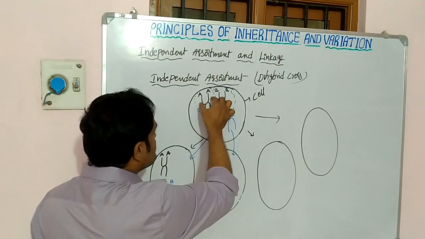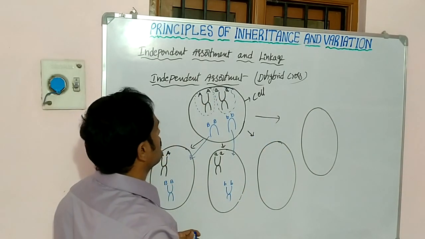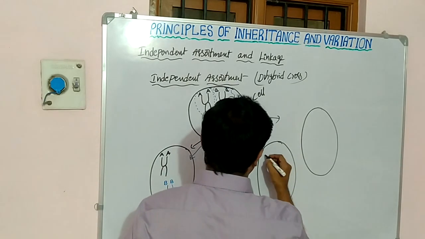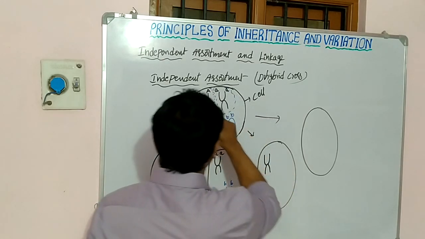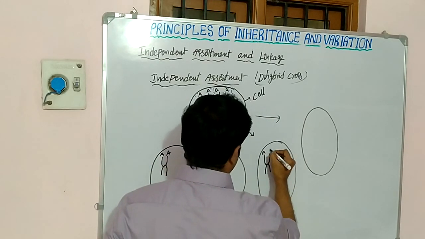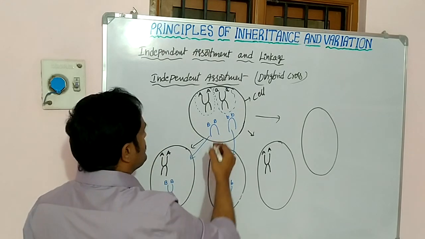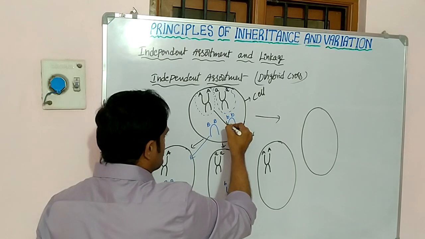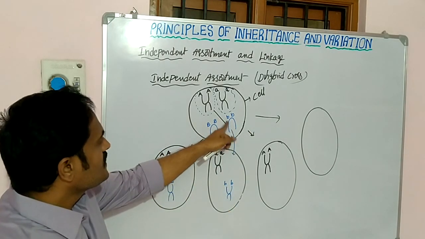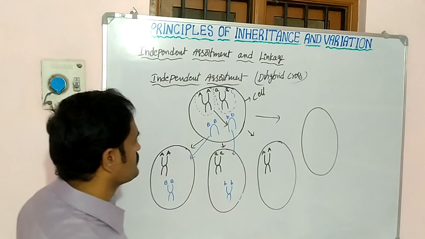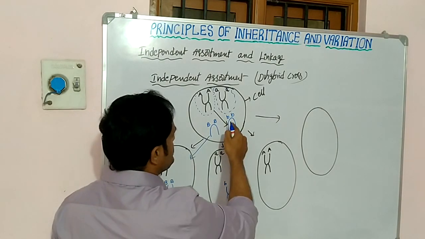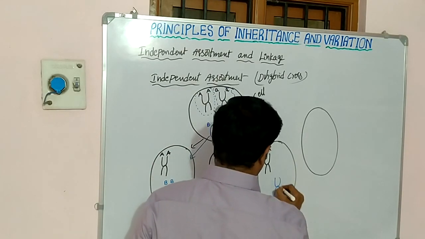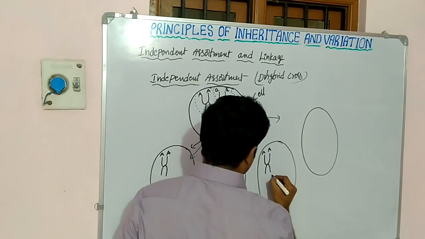Again this chromosome reaches into this cell, so it forms one new gamete here. I will write the first chromosome here. What are the genes? Capital A, capital A. Then it will fuse with the opposite chromosome. Which chromosome reaches into the third cell? This chromosome. What kind of genes are present here?